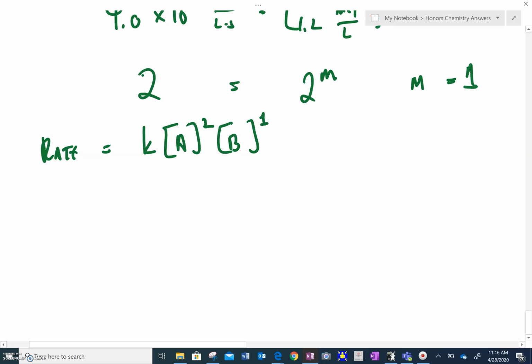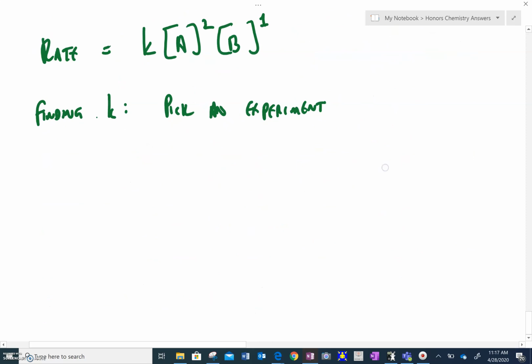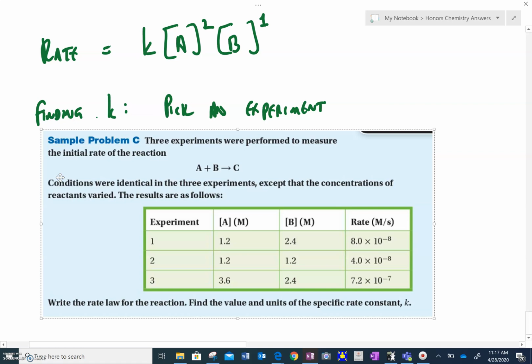So now what we want to do is find the value and units for the rate constant K. What we're going to do is pick an experiment, and we're just going to plug everything in and find the value and units of the rate constant K. Let's pick experiment 1.